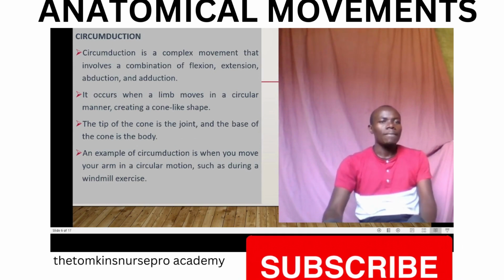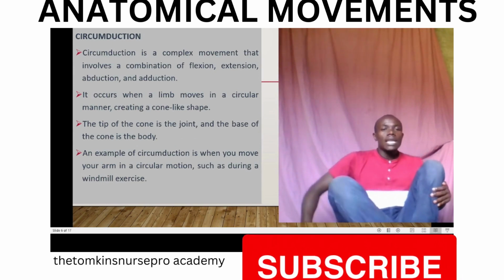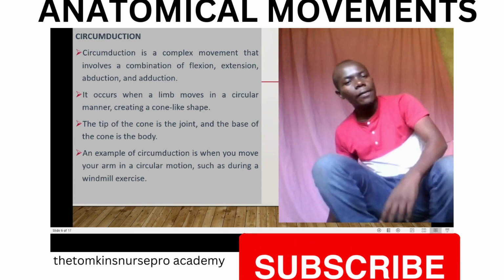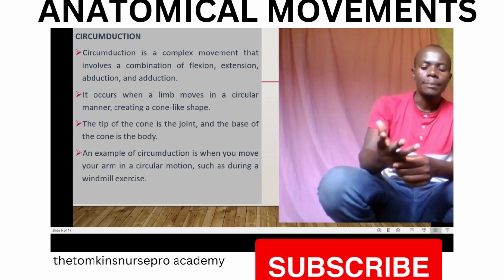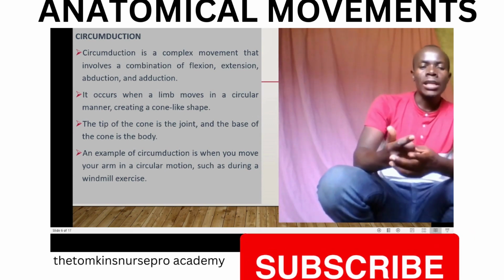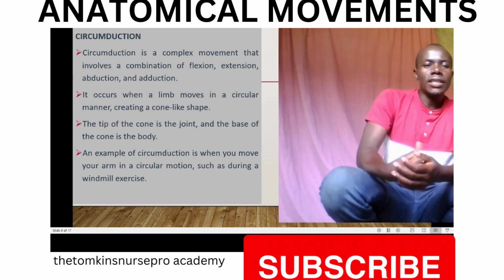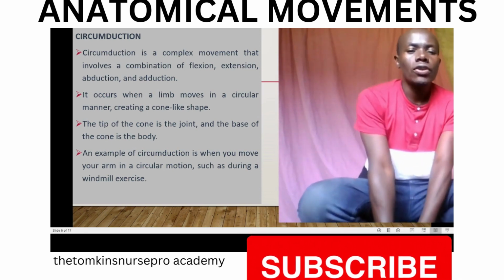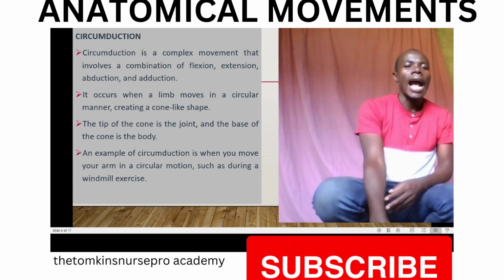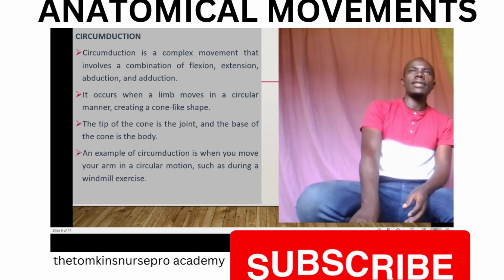Next type of movement we have is circumduction, and circumduction is a complex movement that involves a combination of flexion, extension, abduction, and adduction. We can demonstrate it using the upper limb. The upper limb moves in a cone-like shape, a circular motion.